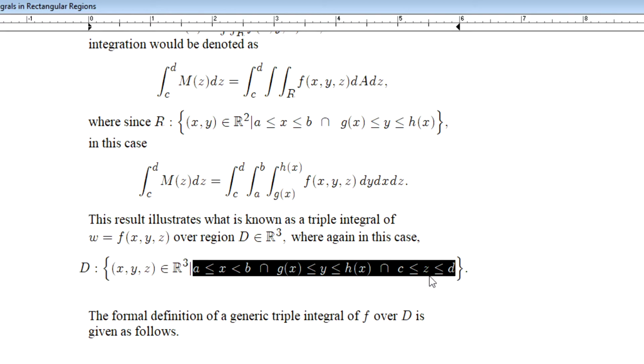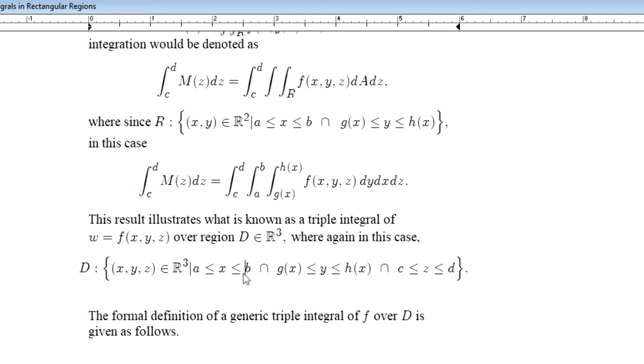It is the coordinates formed by the intersection of x values being stuck between values of a and b, y values being stuck between functions of x, g of x and h of x, and z values being stuck between constant values of c and d.